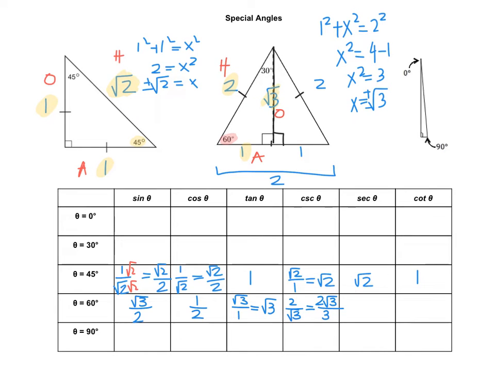For secant, I'm taking the reciprocal of cos, so the reciprocal of 1/2, which is 2 over 1, or 2. And for cotangent, I'm taking the reciprocal of root 3 over 1, so 1 over root 3. And again, I need to rationalize that denominator, so I'm going to multiply the numerator by root 3 and the denominator by root 3 to get just 3. And there are our 60 trig ratios.